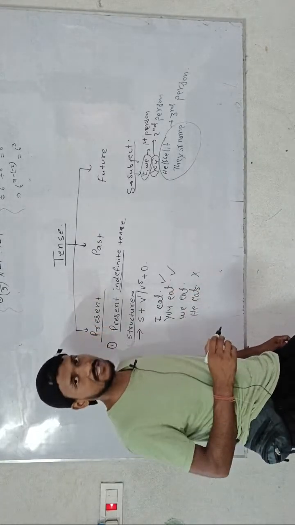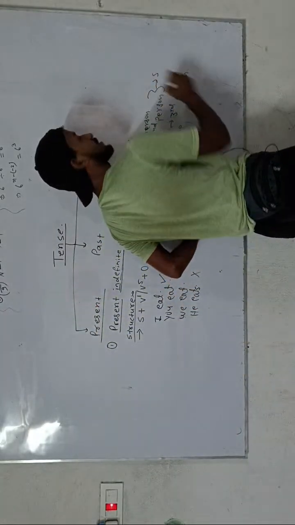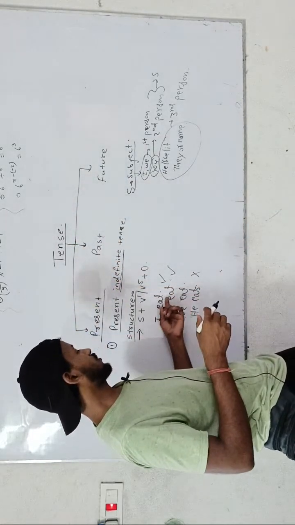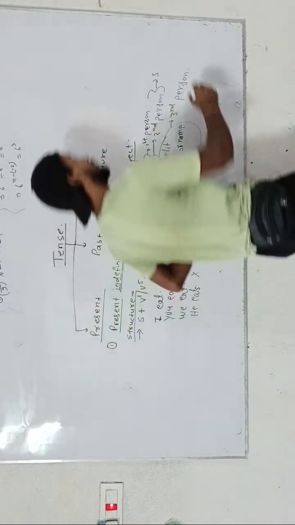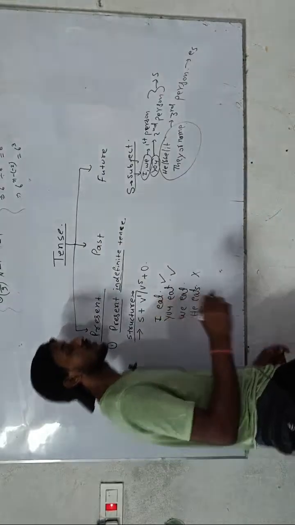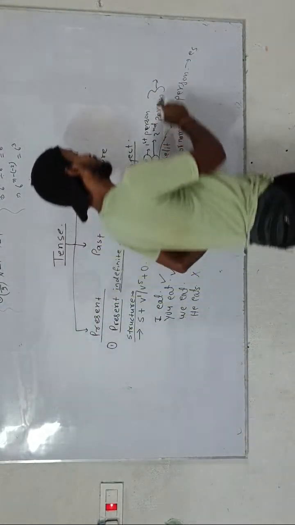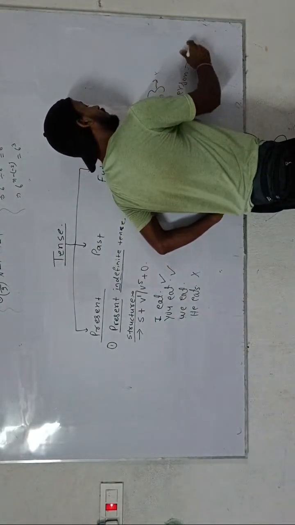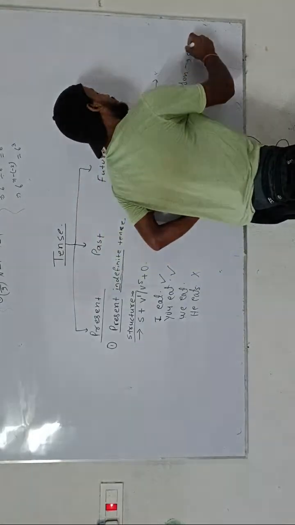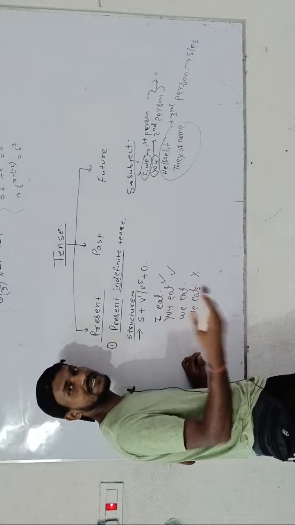We'll put an s at the end of the word. With the first and second person we'll not put anything. But when it comes to the third person, we will put s or es, like he eats, she eats.